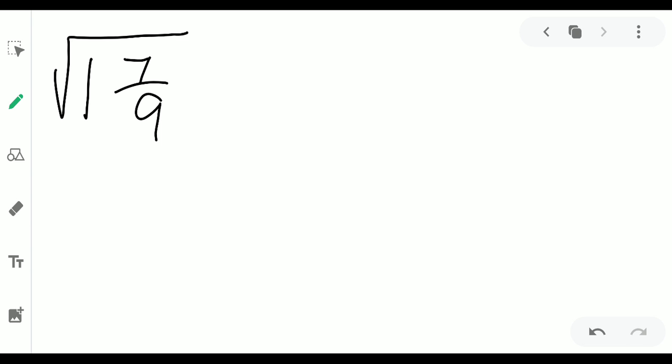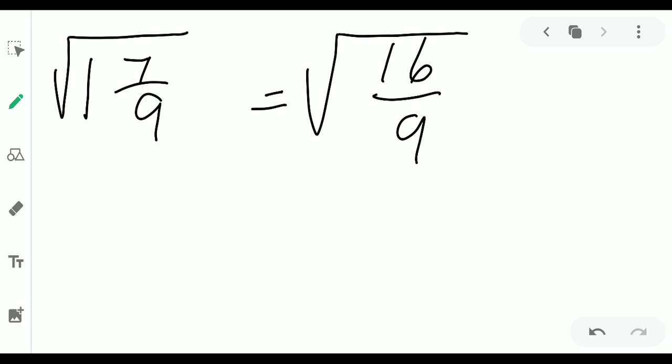Let's take, for instance, the square root of one whole number, 7 over 9. So this one, you change it to improper fraction again. 9 times 1 is 9, plus 7, 16 over 9. You have changed nothing.